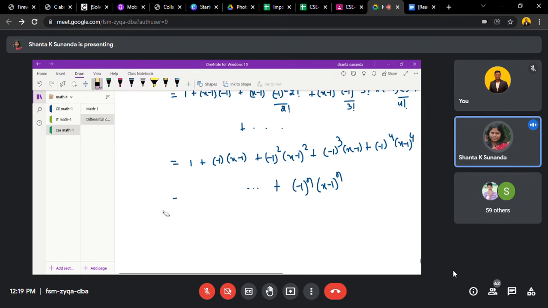So the series is summation n equals 0 to infinity of minus 1 power n times x minus 1 power n. So n will start from 0 to infinity. This is your series.